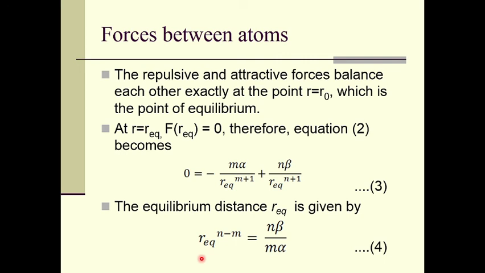We have also found the equilibrium distance between the two atoms where the potential energy is minimum. In the next lecture we are going to study each type of chemical bond one by one.